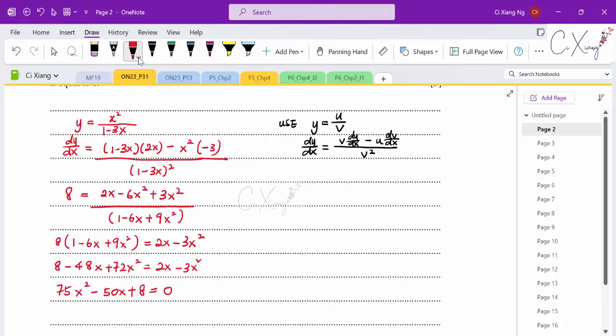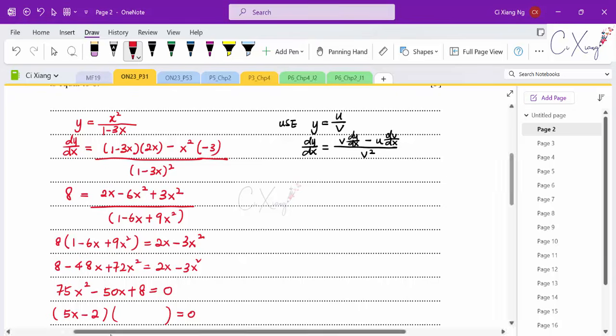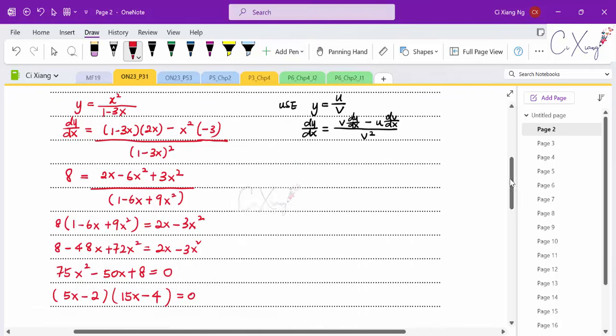Alright, so I will try to factorize it. You need to do a little bit of trial and error. If not, maybe you can use a calculator to help you, or you can use the quadratic formula to get the value of x. After a little bit of trial and error, I realized that I can factorize this equation into (5x minus 2) multiplied with (15x minus 4).